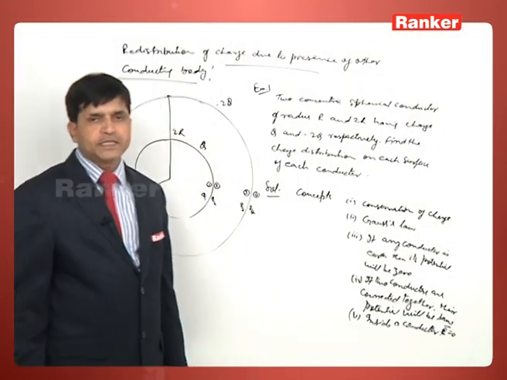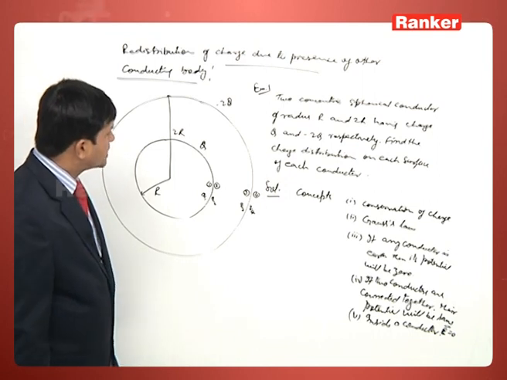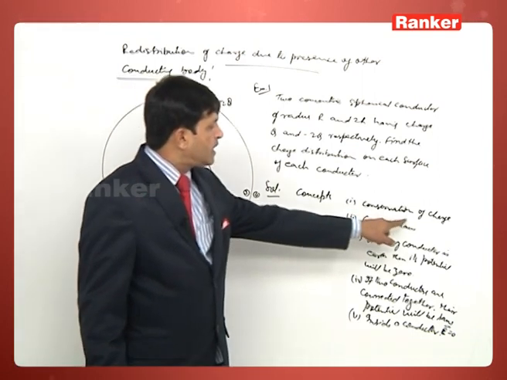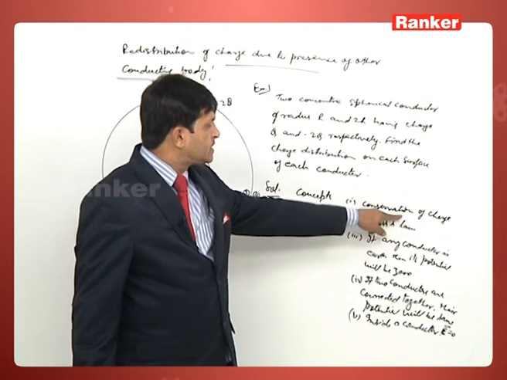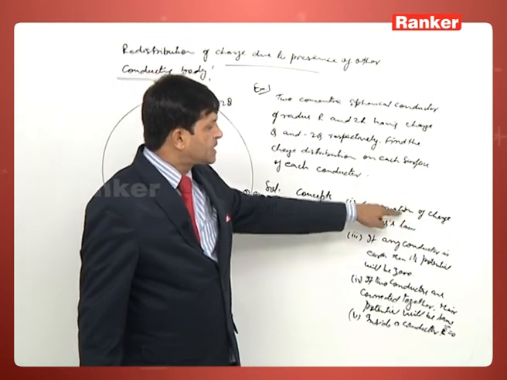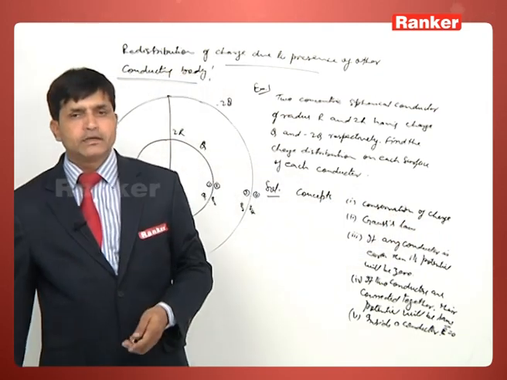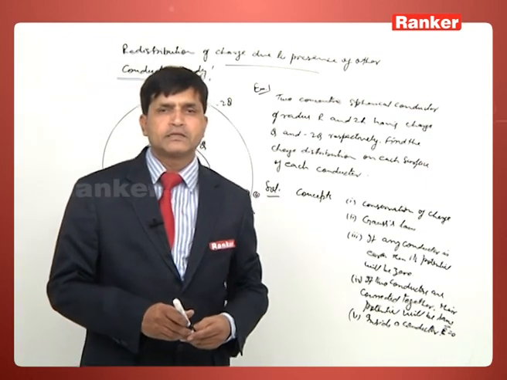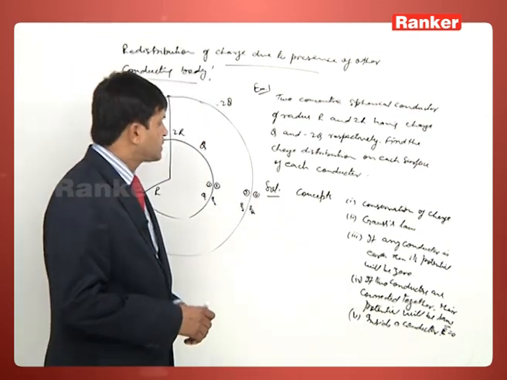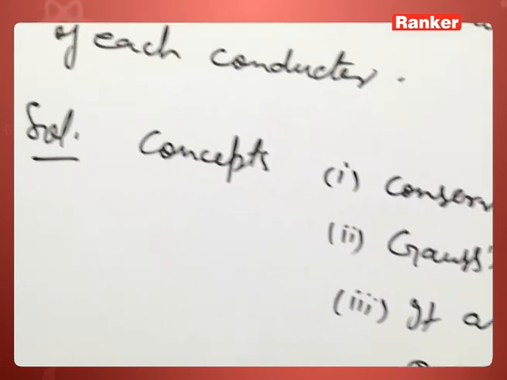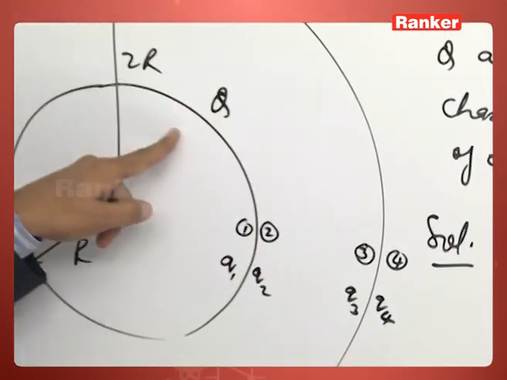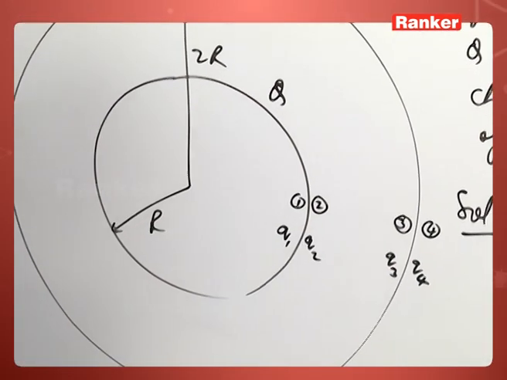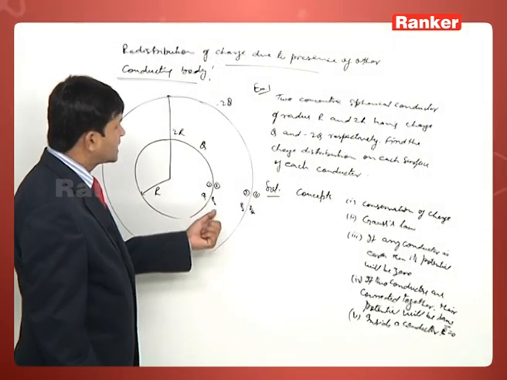The first equation, as per the conservation of charge, in an isolated system, net charge of the system will remain constant. So here, if we are considering the first shell, this shell is not connected to any other shell or any other body.